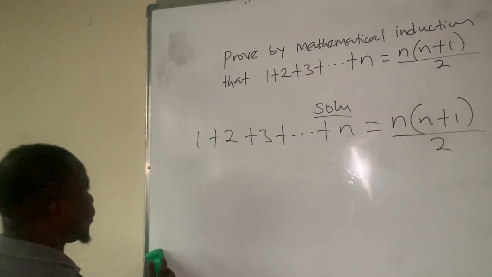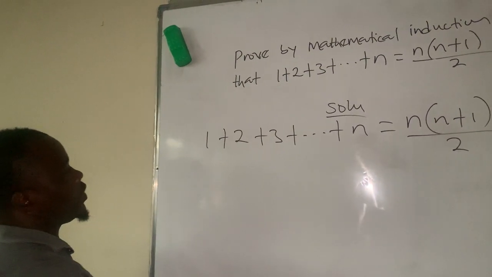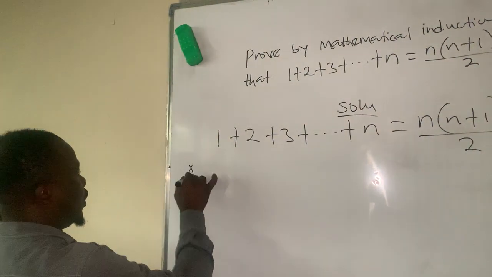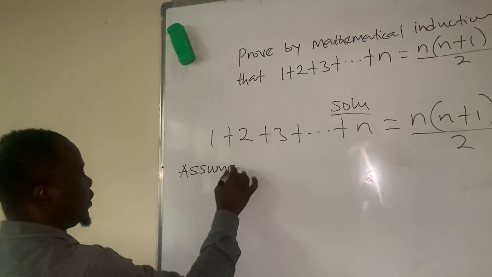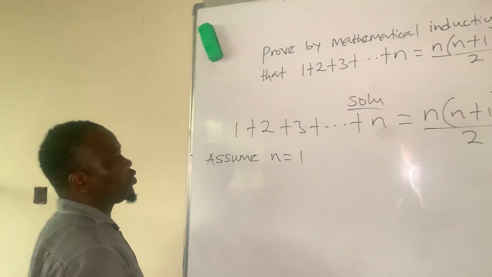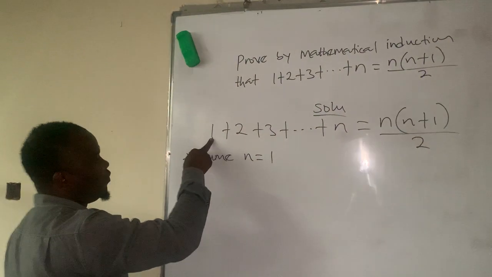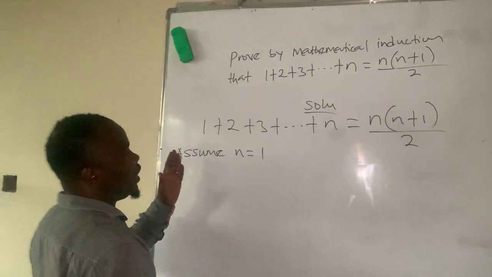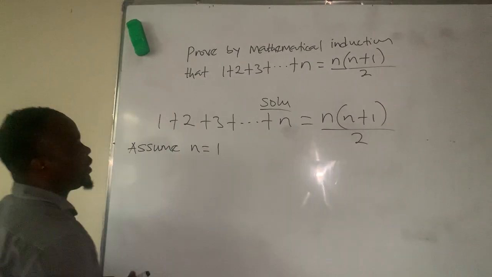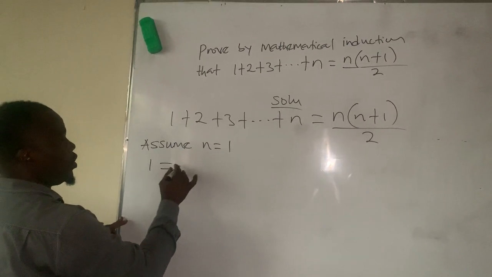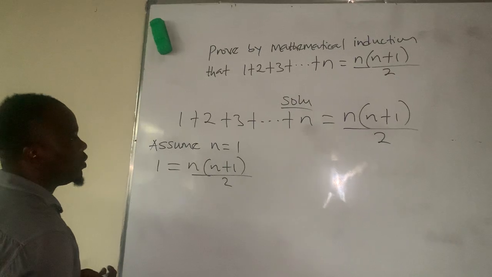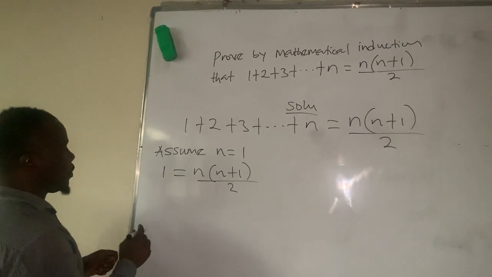Okay. So if you agree with me, let us assume n equals 1. If we assume n equals 1, we know that we have 1 here. So it implies that the left hand side will be equated to the right hand side. That is, 1 is equal to n(n + 1)/2.